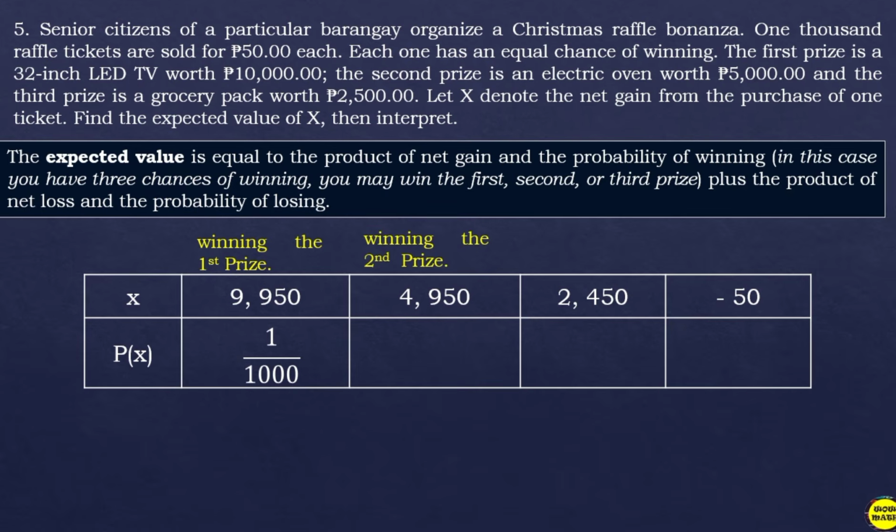For winning the second prize, it is 4,950 na lang, right? What you get is less the 50 pesos you paid for one ticket. So, the probability of winning the second prize is also 1 over 1,000. Right? And then, winning the third prize, since it is 2,500 less the 50 pesos you paid for one ticket, it is 2,450. And that is still 1 over 1,000.